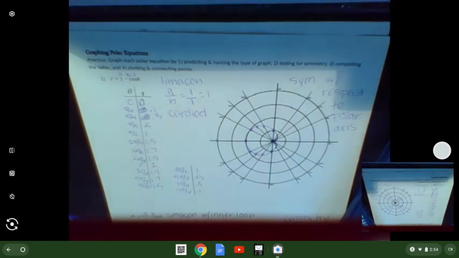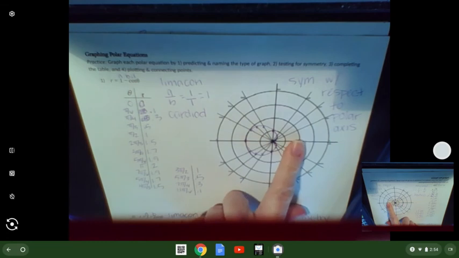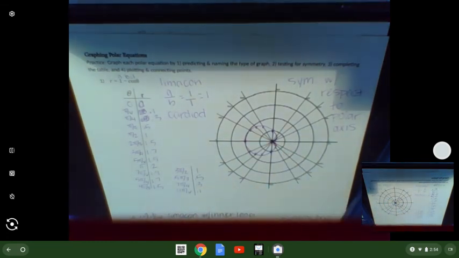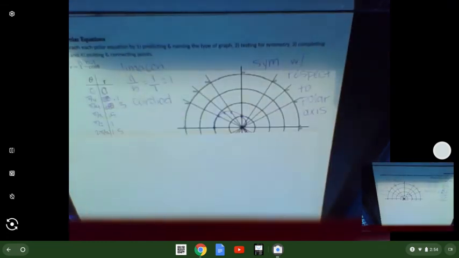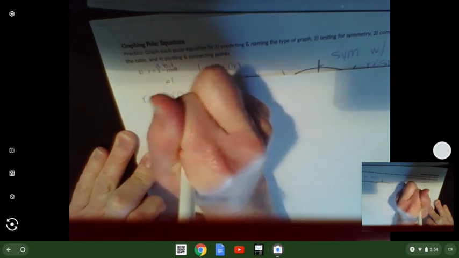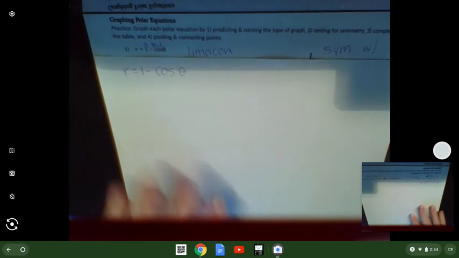We already know that it has symmetry with respect to the polar axis, but we are going to see what happens if we actually apply those symmetry tests. So I am going to recopy down my equation, and we are going to start our symmetry tests.